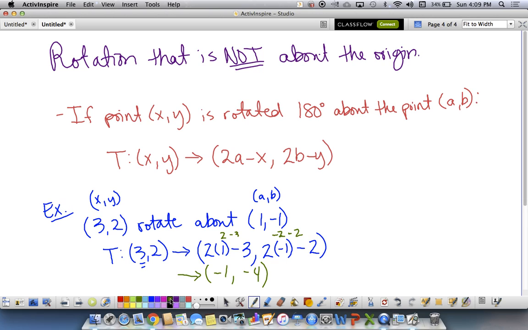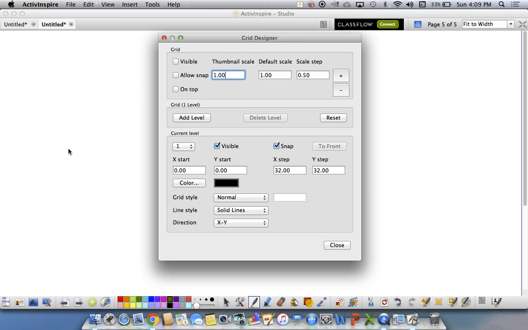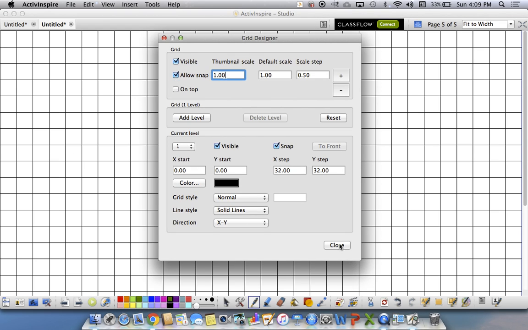Let's look at a problem. All right, let's rotate. What do we want to rotate? I need a grid. Sorry. Should have done more. I don't know why I wasn't thinking.